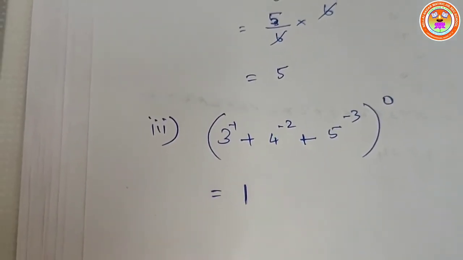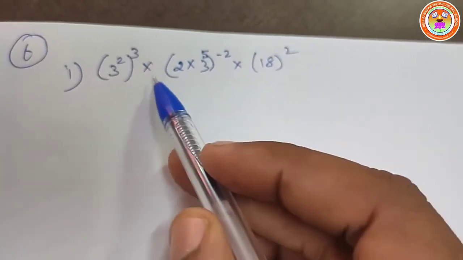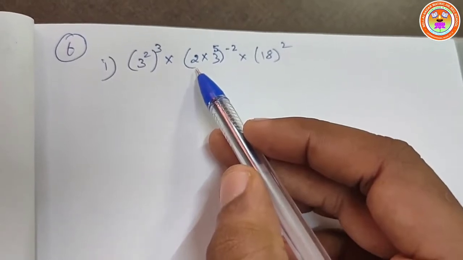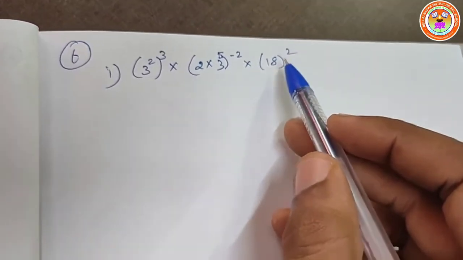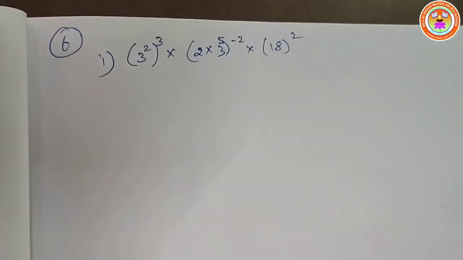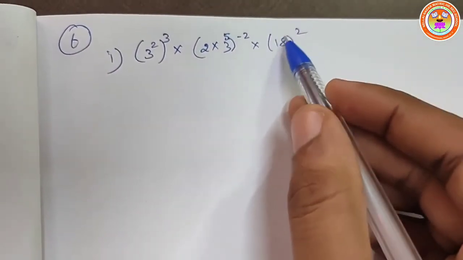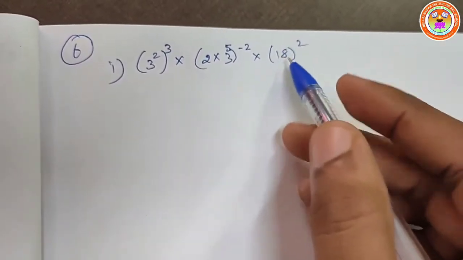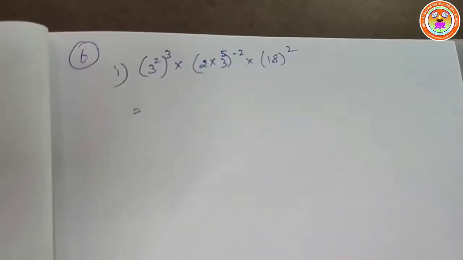Simplify. The next sum is simplify: 3 power 2 the whole power 3 into 2 into 3 power 5 the whole power minus 2 into 18 power 2. So wherever the bigger number other than the prime numbers, you have to convert that number into prime numbers, and also use the laws of the exponents.